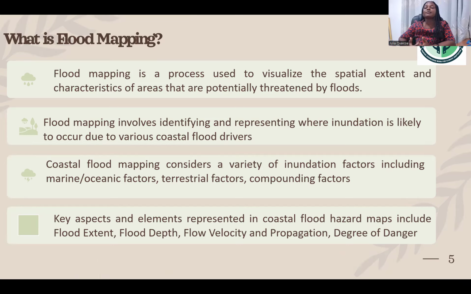And these may include the marine or oceanic factors, terrestrial factors, and other compounding factors. With the marine factors, we can talk about the conditions which are existing with respect to the ocean. For example, the sea level, maybe the sea temperature, all these pertain to the marine characteristics.